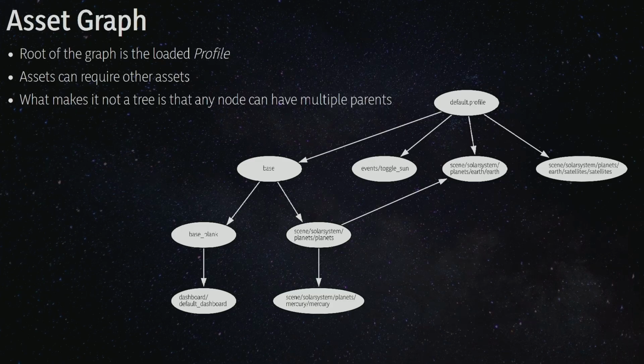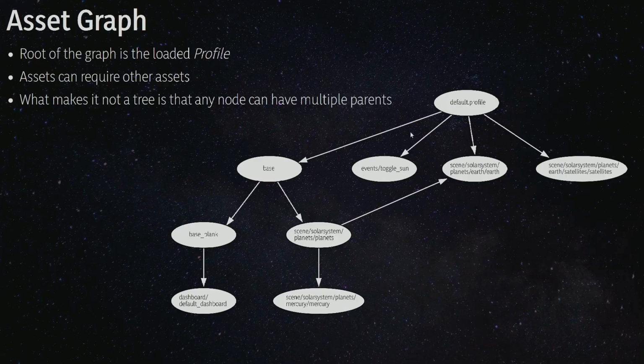So for instance, the Earth's atmosphere asset needs the Earth to be loaded. So the atmosphere asset file will contain a line called asset.require Earth, which means that if I load the atmosphere, I will automatically get the Earth with it. So there is no way to get Earth's atmosphere without also getting Earth.